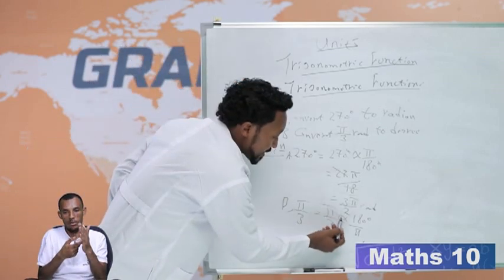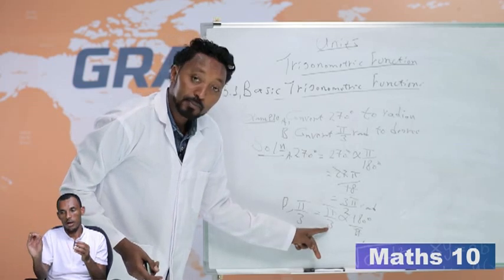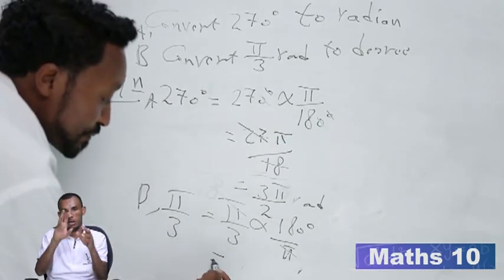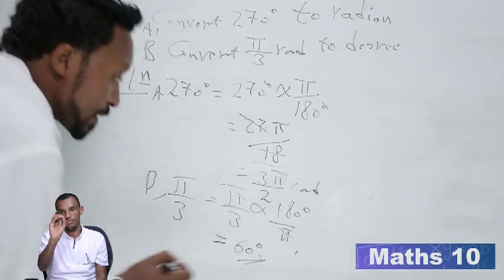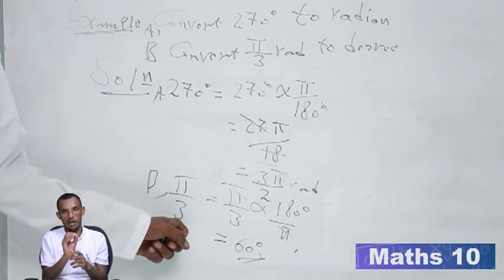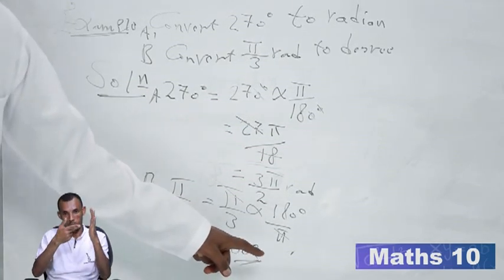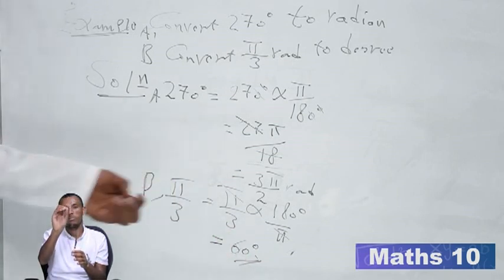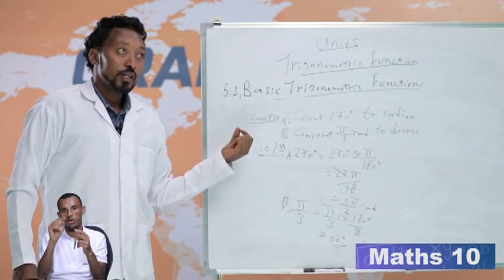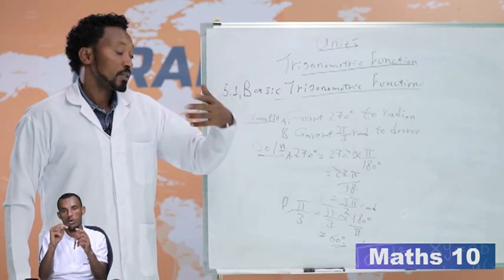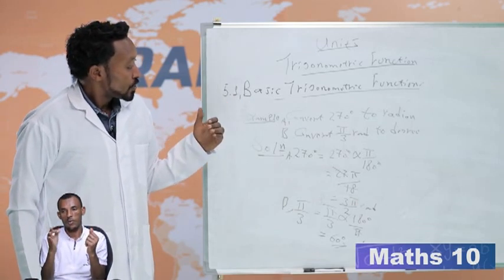Pi is cancelled by pi, and 180 degree divided by 3 gives 60 degree. This means pi over 3 rad is the same as 60 degree. Therefore, you can convert radian to degree and degree to radian. These are the basic terminologies.